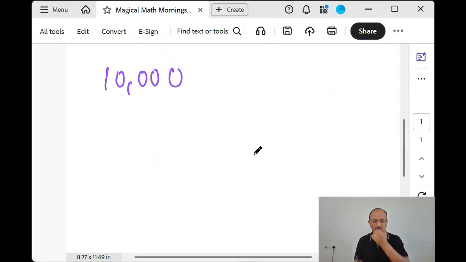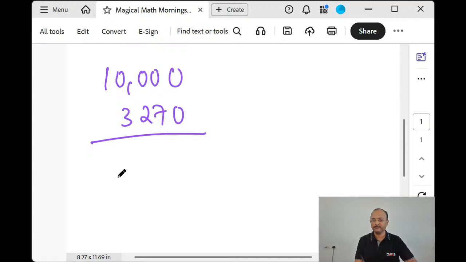Suppose we have 10,000. I want you to subtract 3,270. This is a special case. Here we have to be very careful. The zeros on the right hand side, we'll neglect them and just write zeros. And we'll apply this Nikhilam Sutra to only the other digits.